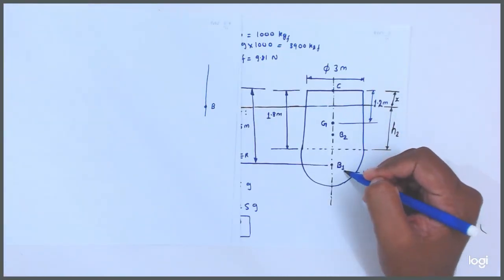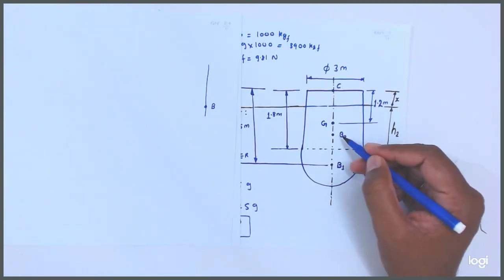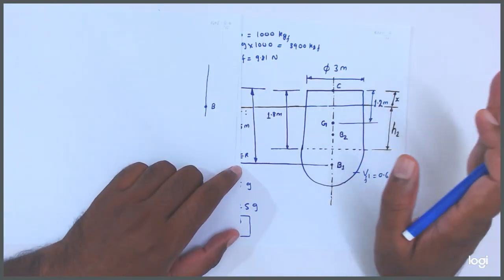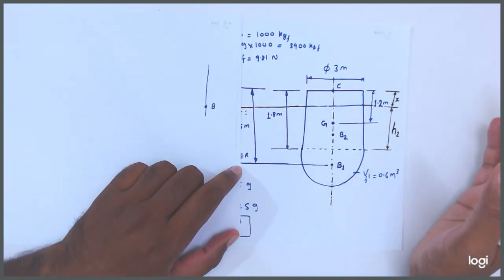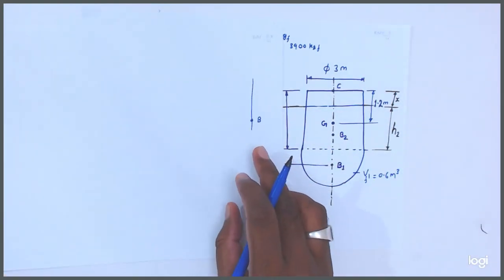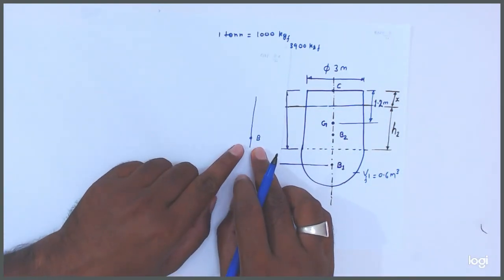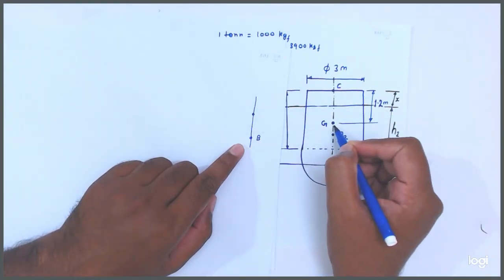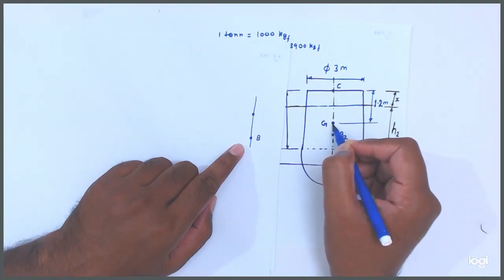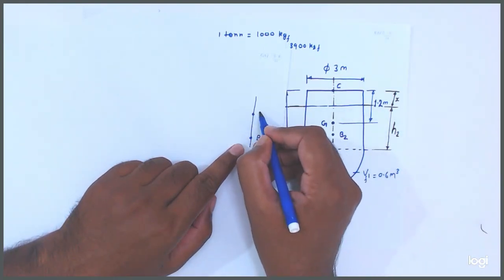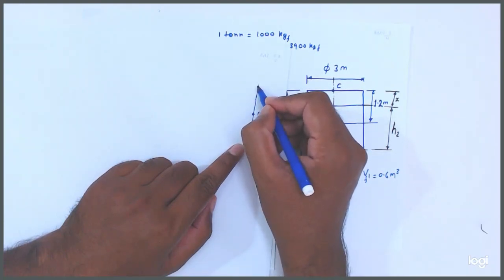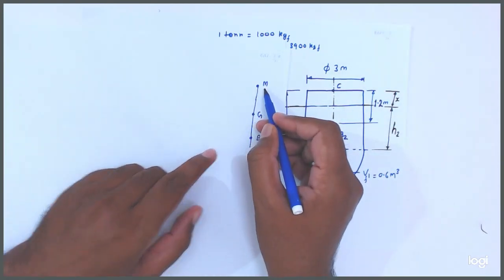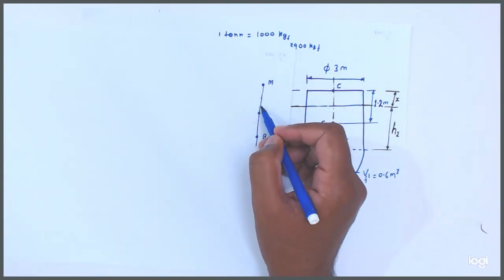Here is the center of buoyancy of the lower part, and here is the center of buoyancy of the upper part. We have to find the center of buoyancy of the whole, total part. Okay friends. So let this be B, the buoyancy of the whole body. G is given, the center of gravity of the whole body. So this is G. Since it is a floating condition, the metacentric height of the whole body will come.